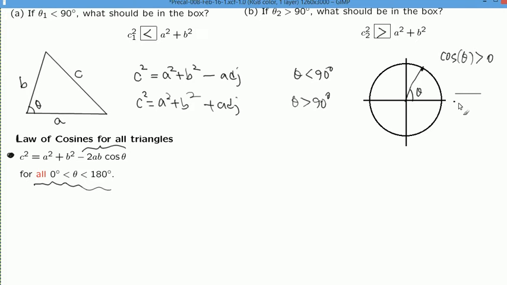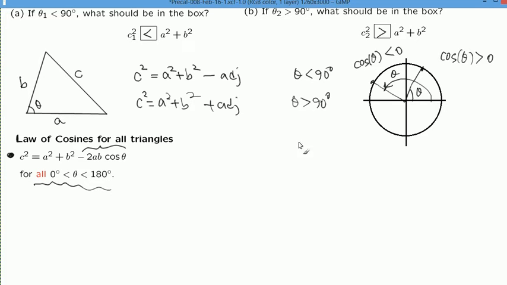Cosine is the x coordinate. So if your angle is between 0 and 90 degrees, cosine theta is going to be positive, so you end up subtracting it. And that's what we discussed over there. If your theta is over here, like this, what is the sign of cosine theta? Negative, right? So if you put a negative number there, it ends up adding to the right-hand side. So that's what we have discussed there.